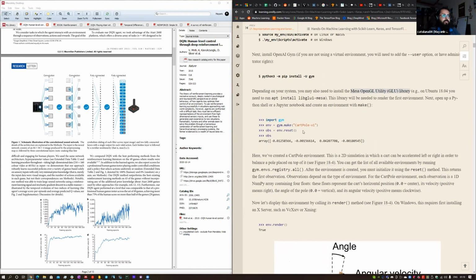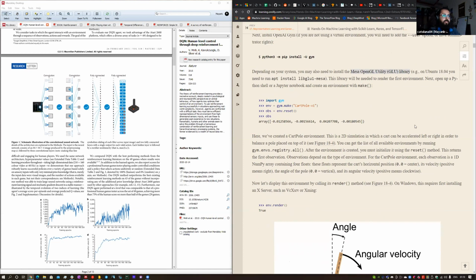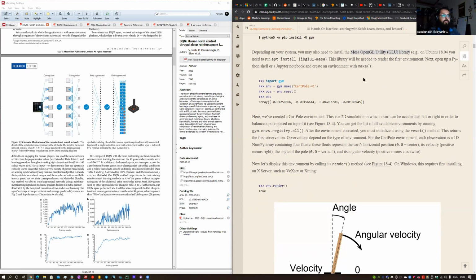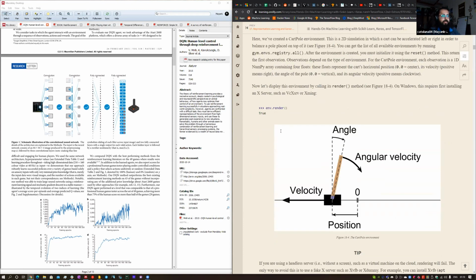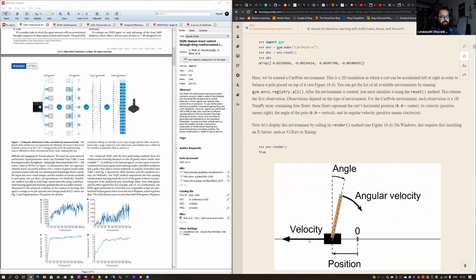This is simply making a CartPole-v1 environment. You just have to call the make method, pass in a string, and then you will get 4 observations. These 4 are with respect to velocity, angle, angular velocity, and position.